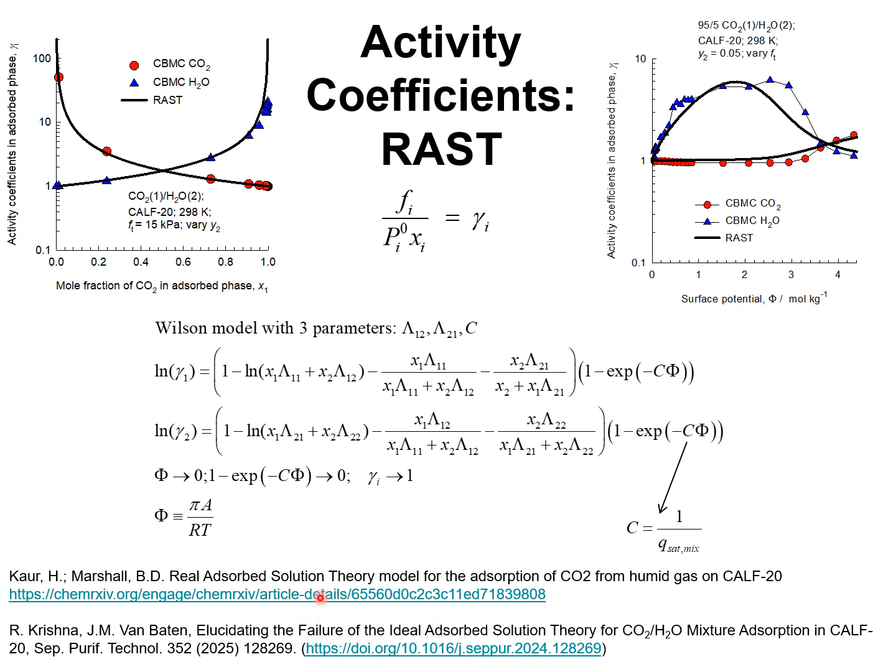It is to be noted that in the Carr-Marshall paper referenced here, the correction factors have been ignored, and this will cause the RAST model to incorrectly represent the variations of the activity coefficients with varying surface potentials.